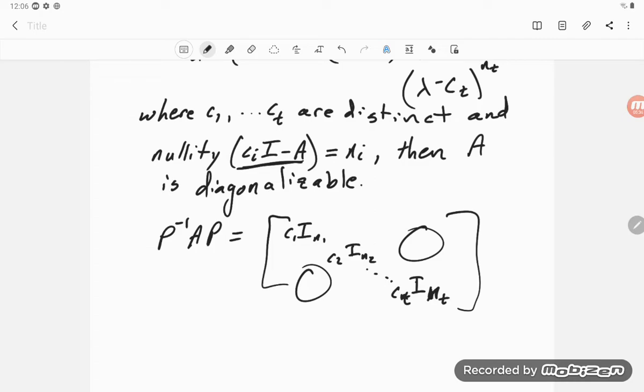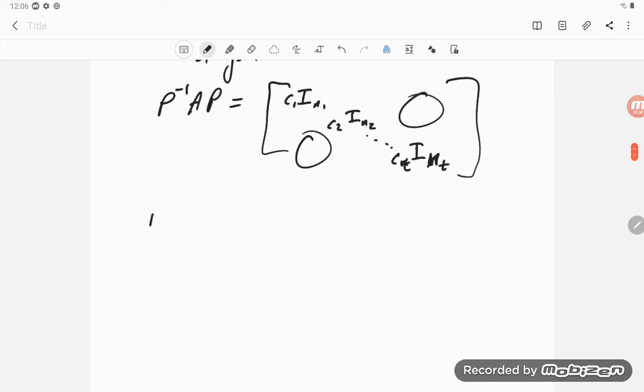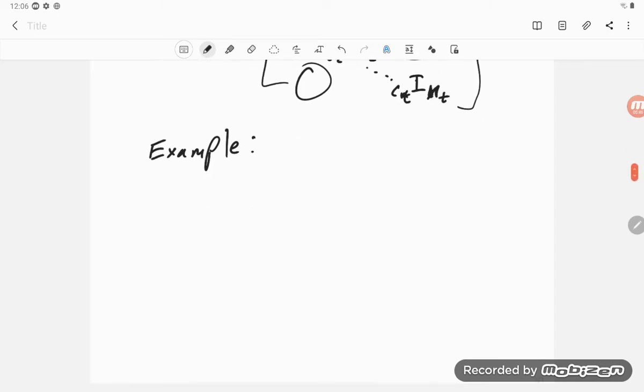Okay, so let's look at an example. They just mention this, but they don't give us any example. And I'm going to look at two different matrices that both have the same eigenvalues. And so I'll first look at A, that is the matrix 2, 1, 1, 0, 1, 0, 0, 0, 1.